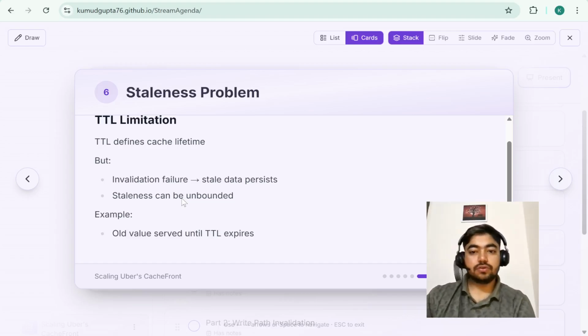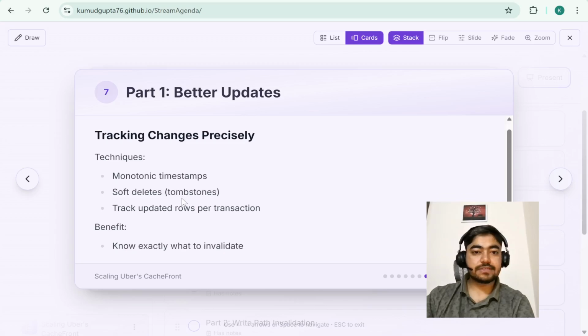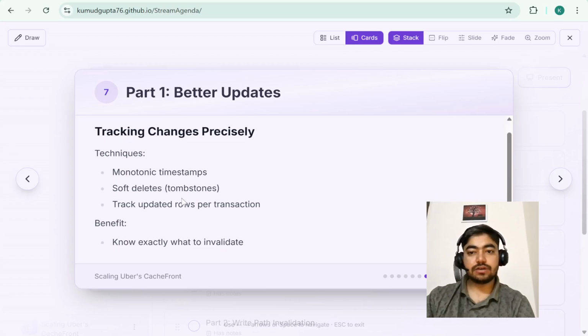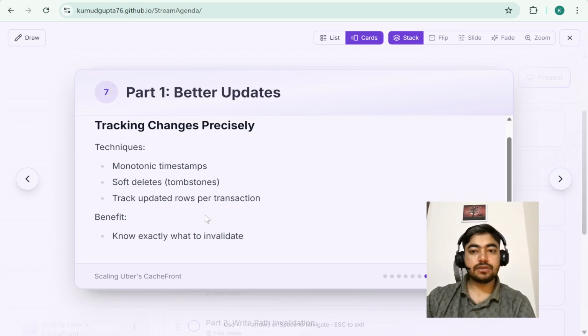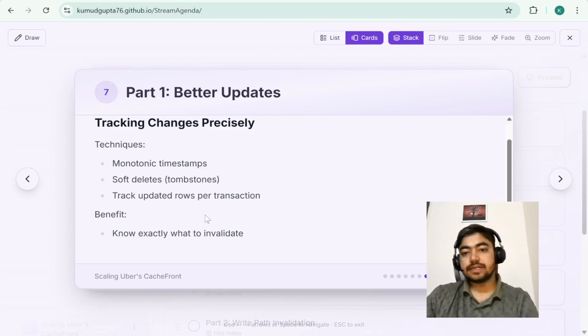So, what did Uber do? First, they improved how updates are tracked. They introduced monotonic timestamps, they use soft delete, also called tombstone, and they tracked exactly which rows are updated per transaction. So now they know precisely what has changed and what needs to be invalidated.